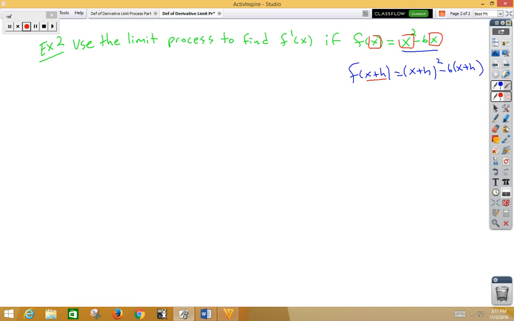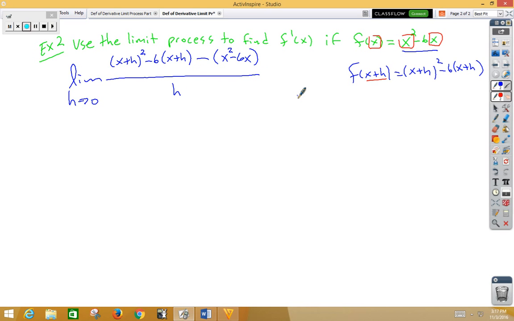So now I've got the limit as h approaches 0 of x plus h squared minus 6 times x plus h minus, now realize we're supposed to put f of x there, but since there's more than one term, I need to put parentheses so that I remember to distribute my negative, all over h.